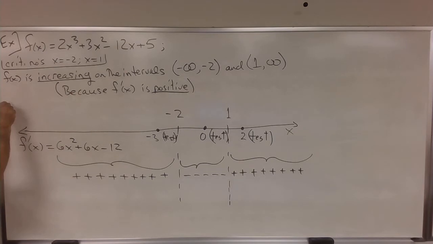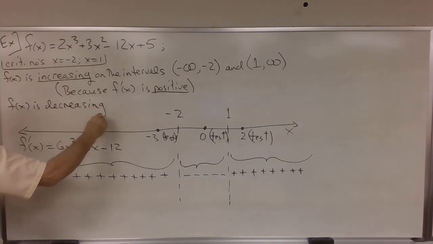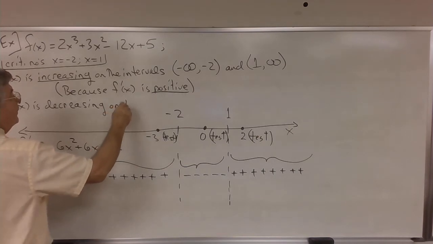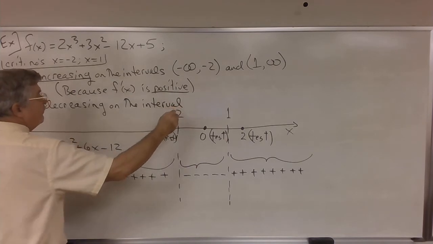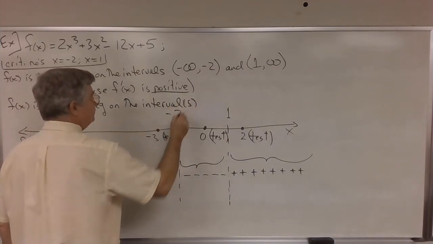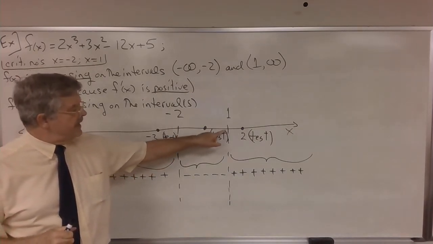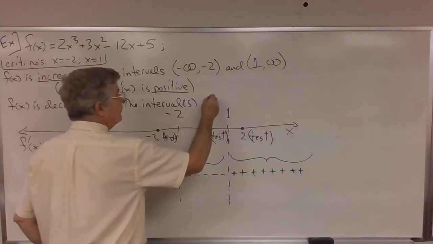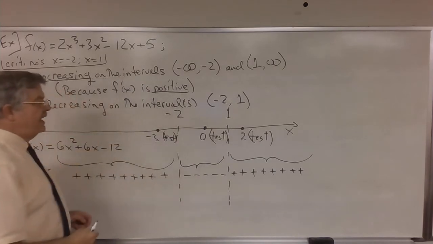Now, decreasing. F of x is decreasing on the interval or intervals... f of x is decreasing on this interval on the x-axis from negative 2 to positive 1. And how do I know that?